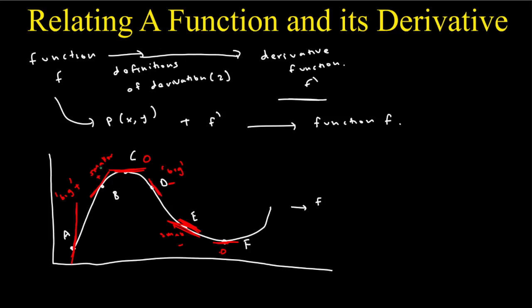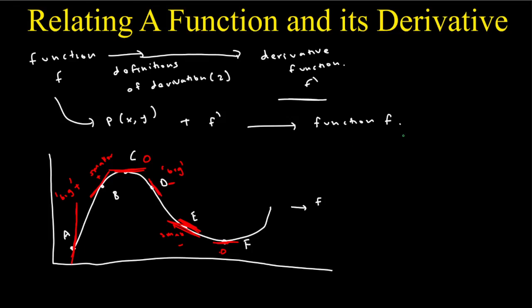But as our derivative gets smaller and smaller, our function stops growing as fast. You see how this curve starts slowing, and when the derivative is 0, it doesn't grow at all. Once the derivative becomes negative, the function starts going down, because it's decreasing. And if our derivative becomes less negative, it decreases at a smaller pace.